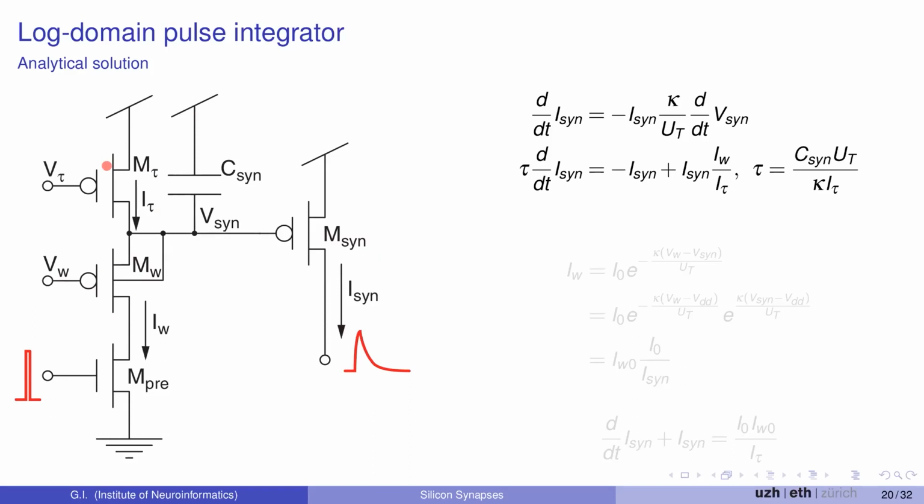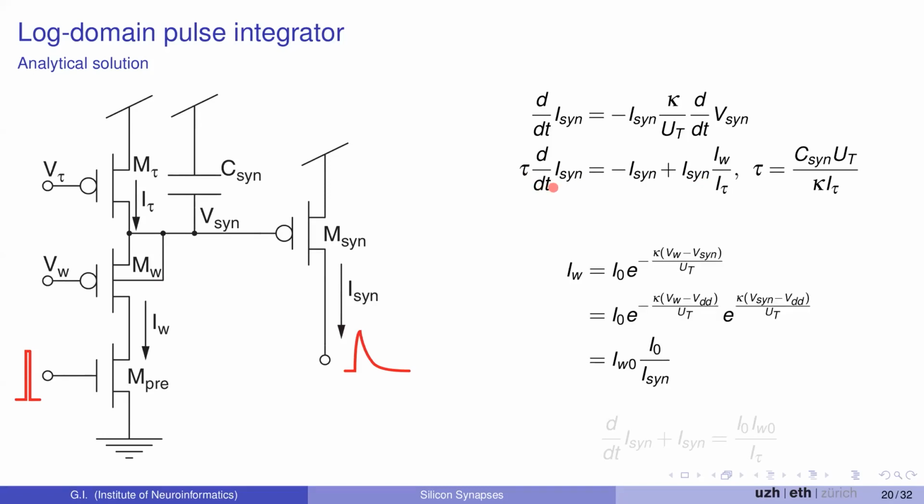So it's increasing the size of the layout, but it's not a big price to pay, because if we want a 1 picofarad capacitor, the layout size will be dominated by the size of the capacitor. But it's nice that you have this pure first order differential equation.